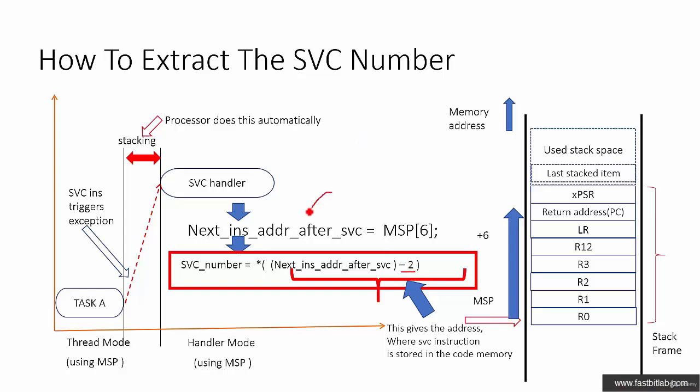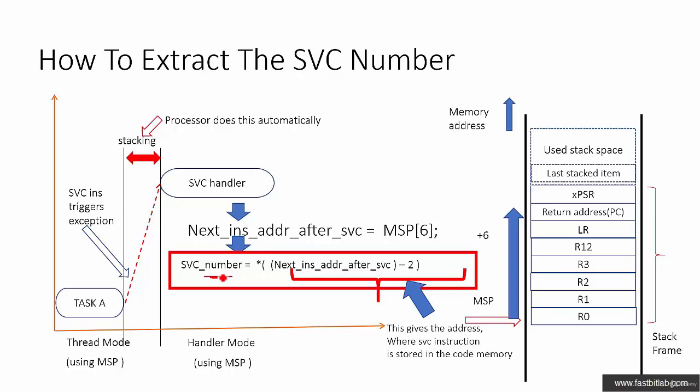Because the address which is stored in this variable is pointing to the next instruction after the SVC. That's why you have to do -2 here in order to extract the opcode of the SVC instruction. And by doing that, we get the SVC number.